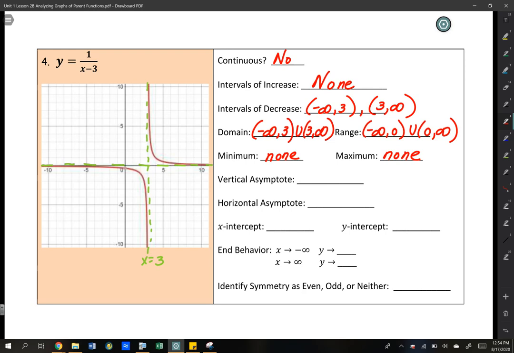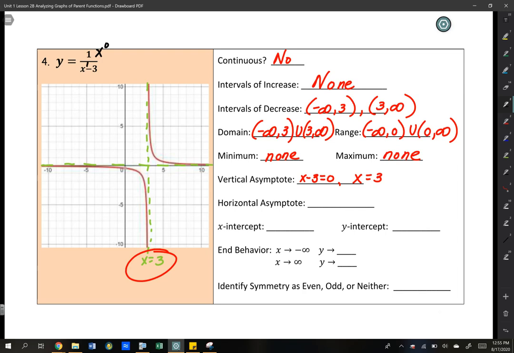And that is similar to number 2. The vertical asymptote is the 0 of the denominator, right? So x minus 3 equals 0. So we have a vertical asymptote at x equals 3. If we solve that equation, we get x equals 3. And we've already shown that on our graph. The horizontal asymptote compares the degree of the numerator to the degree of the denominator.